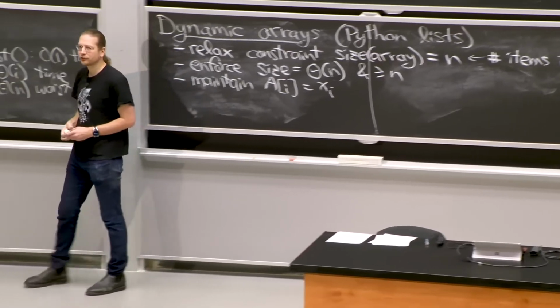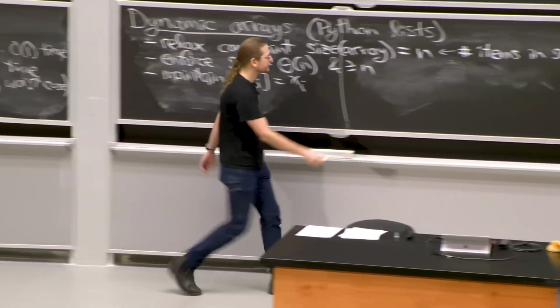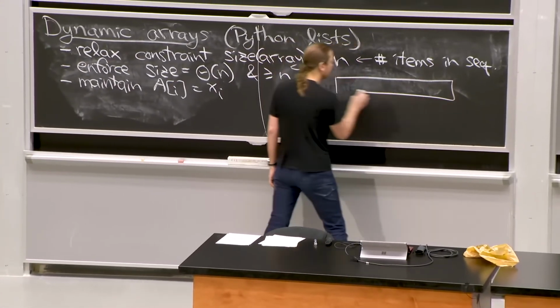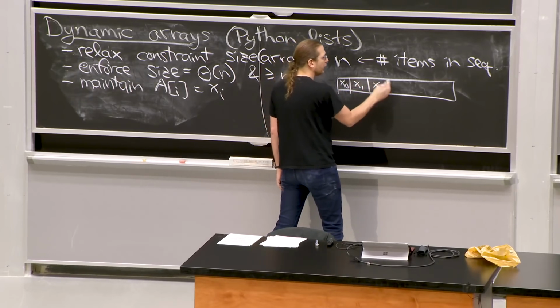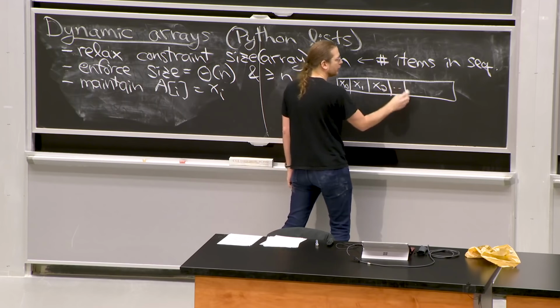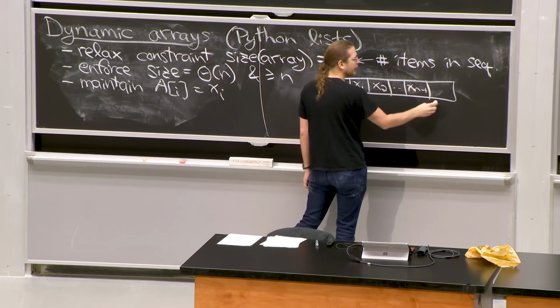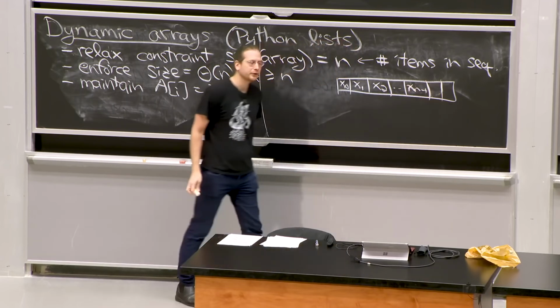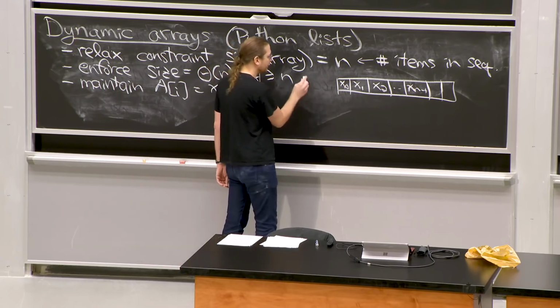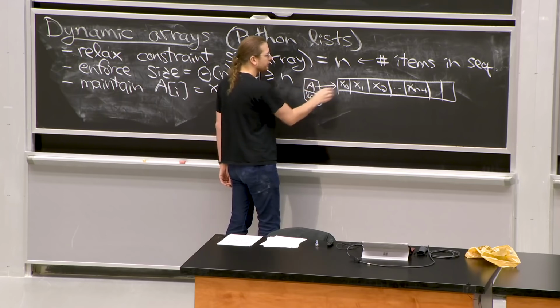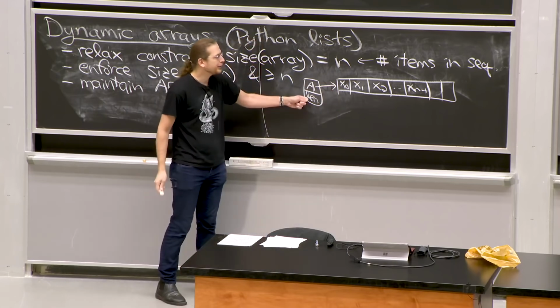Okay, so this data structure, let me draw a picture. So we've got an array of some size. The first few items are used to store the sequence, but then there's going to be some blank ones at the end. Maybe we'll keep track of this. So the data structure itself is going to have an array, and it's going to have a length.